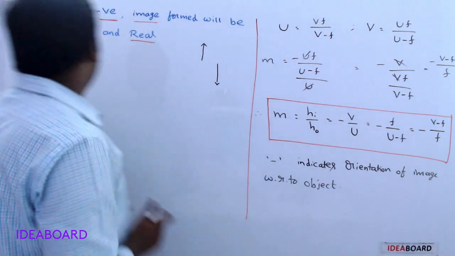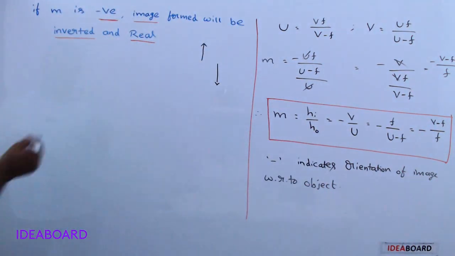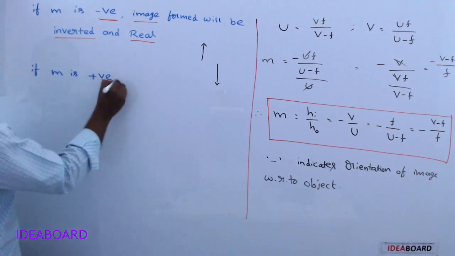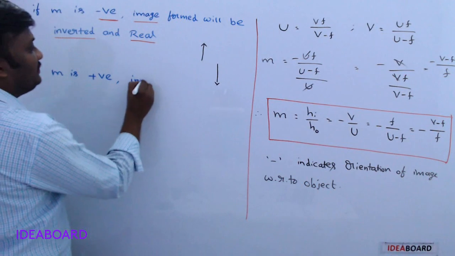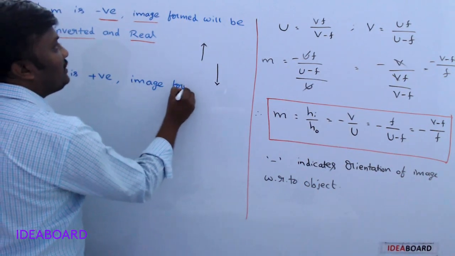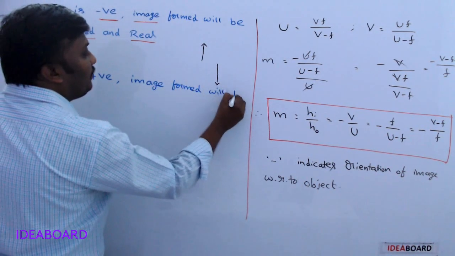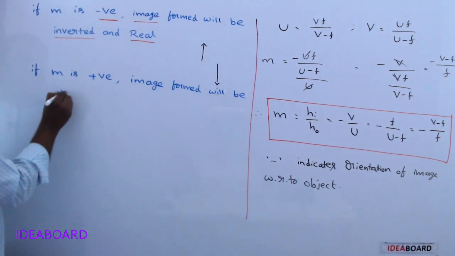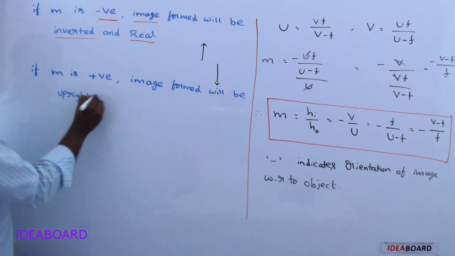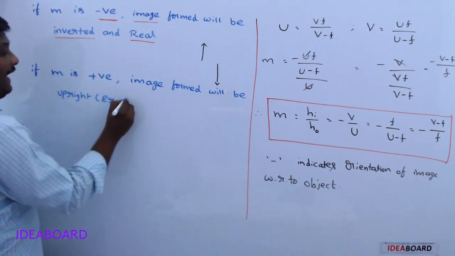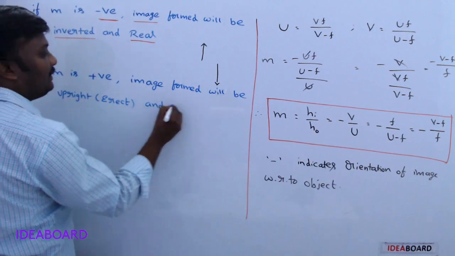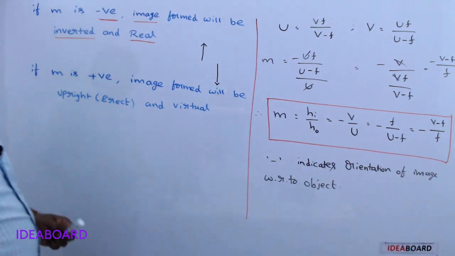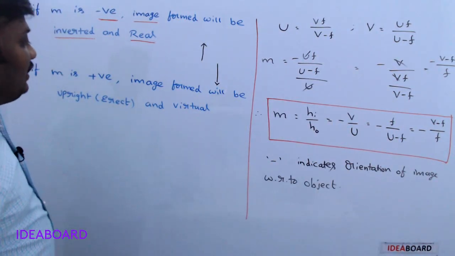Do you understand? Now, if m is positive, then the image formed will be upright. Upright has another word called erect, and virtual. For a real object, we get a virtual image.